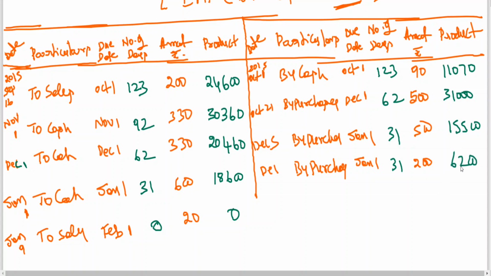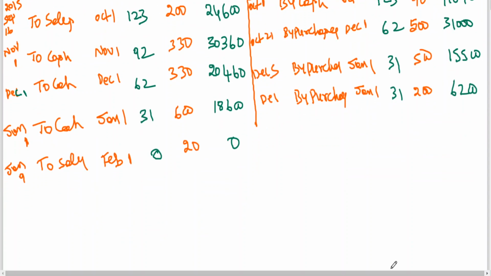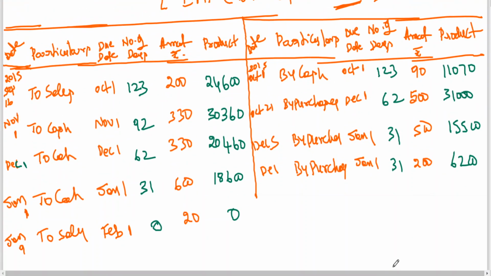Now we need to see which side product is showing more. You need to calculate it with a pencil. You can't just guess which side is showing more. 24,600.